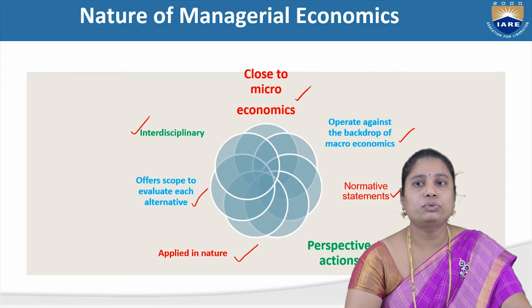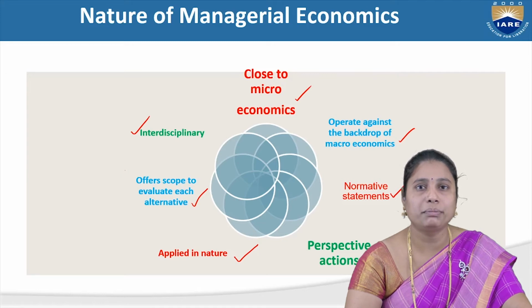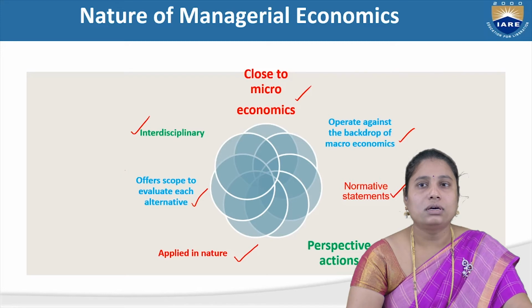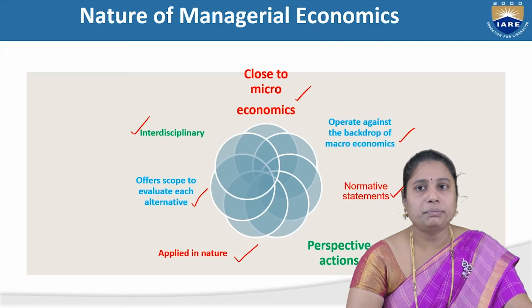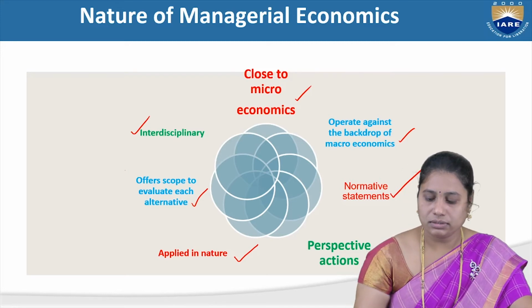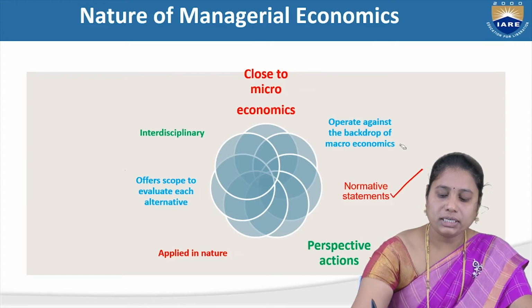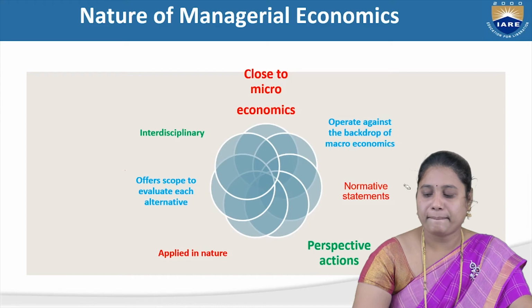It offers the scope to evaluate each possible alternative for the best option for maximum benefits, and it requires inputs from all the other disciplines. That's the nature of managerial economics.